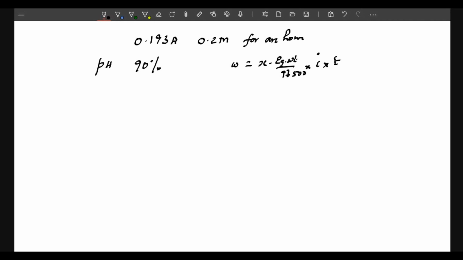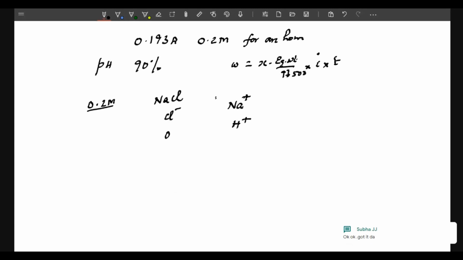Here, what is asked? Calculate the pH of the solution after electrolysis. For this, you go back to the first class of this electrolysis. Take the 0.2 molar sodium chloride solution. On electrolysis, in the cathode, Na+ and H+ ions would be there.